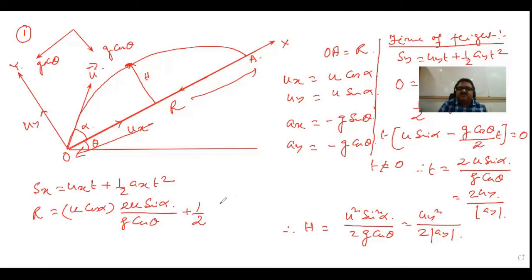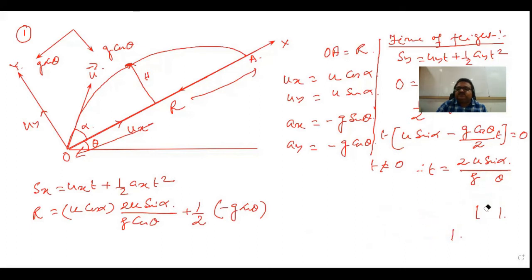It is minus g sin theta. And what is t square? Again this. Okay, I need space, so I am removing this. That is 2u sin alpha by g cos theta whole square. Correct?